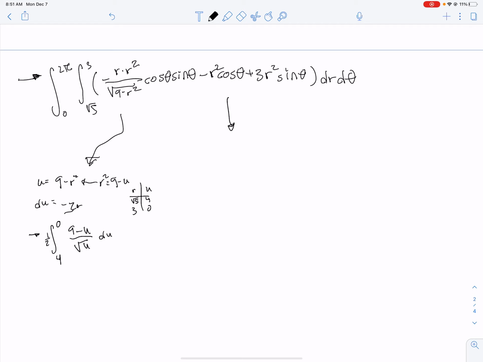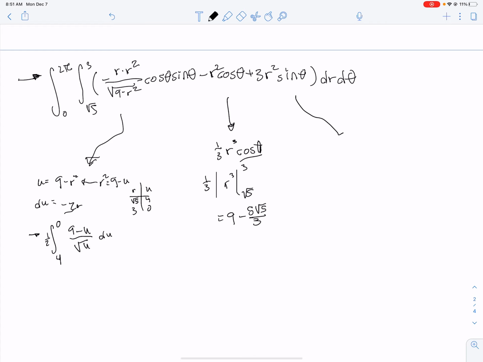And this one's pretty straightforward. It would just be 1/3 r cubed cosine theta. If we were to solve that, just r, we would have 1/3 r cubed from root 5 to 3, which is equal to 9 minus 5 root 5 over 3. Can't forget the cosine, we'll put that in later.